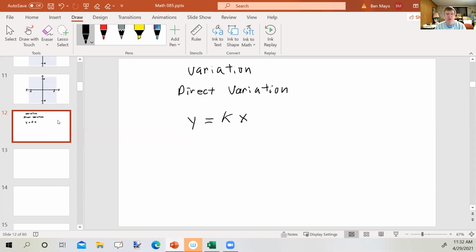Once we put that in, then there'll be a follow-up question that will allow us to use the formula to find the answer. All right, now, direct variation works like this. You've got y equals kx. Well, when x increases, so does y, so they go up together. If x decreases, so does y, so they go down together. So they go up or down together directly.